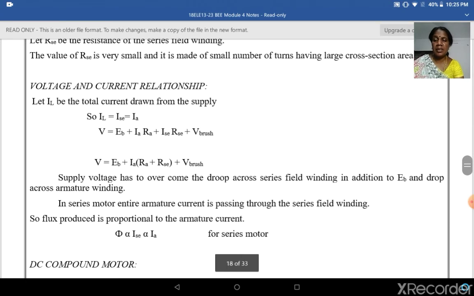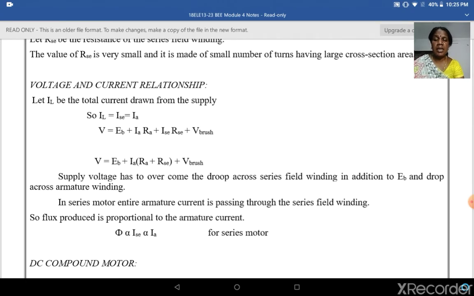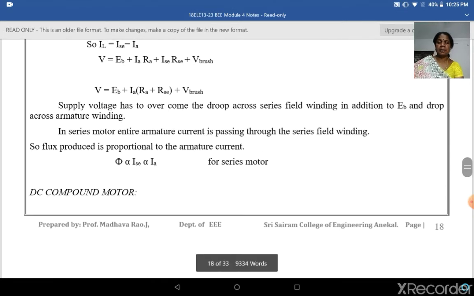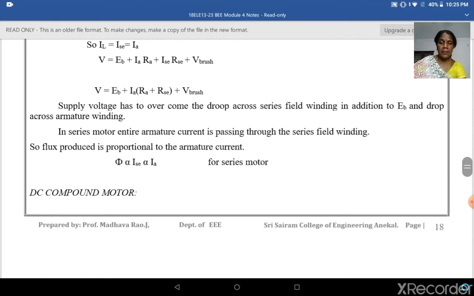V is equal to EB plus IA RA plus ISE RSE plus the brush drop. The supply voltage has to overcome the drop across the series field winding in addition to the back EMF and the drop across the armature winding.